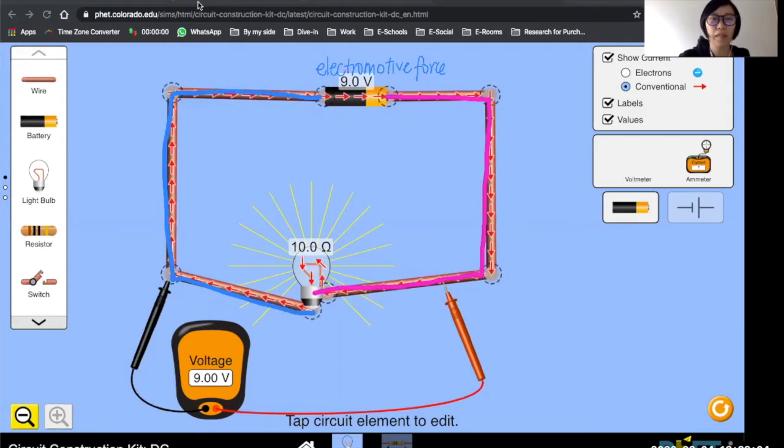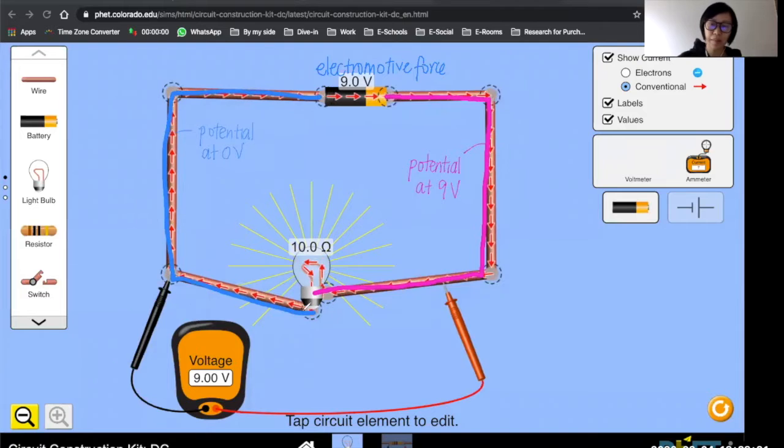Which means that the electric potential of this wire is at 9 volts, for example, and the potential of this other wire is at 0 volts.